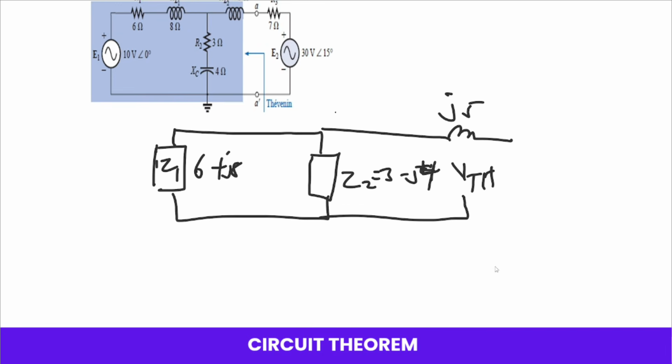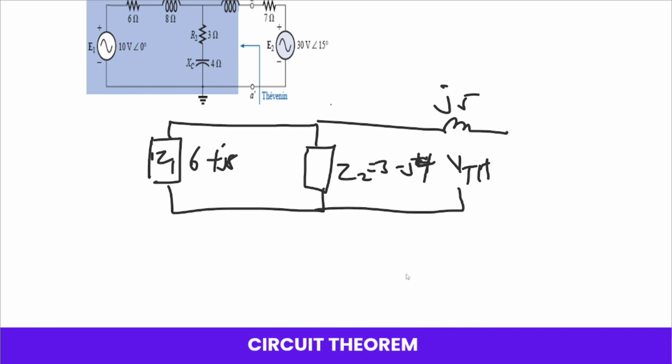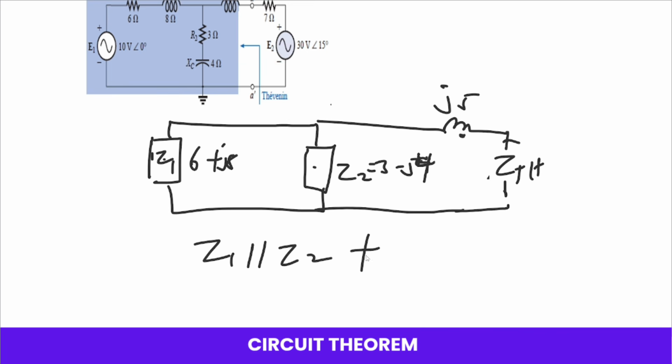Anytime we are looking for ZTH, we assume there is a current moving from here. So if there's current moving, it means that this and this are going to be in parallel, and then in series with this. So let's solve it. Parallel means Z1 parallel Z2, plus J5 since it's in series.